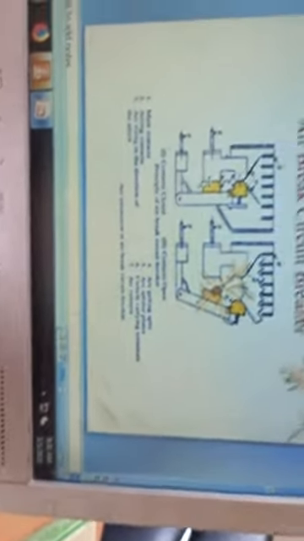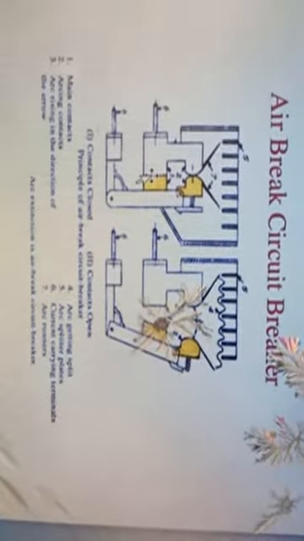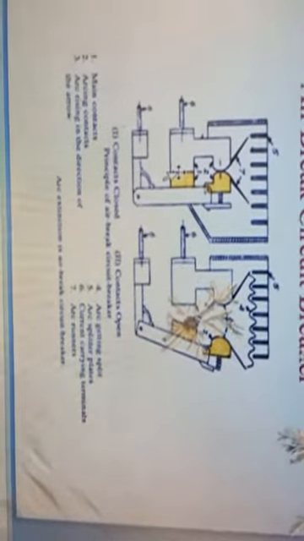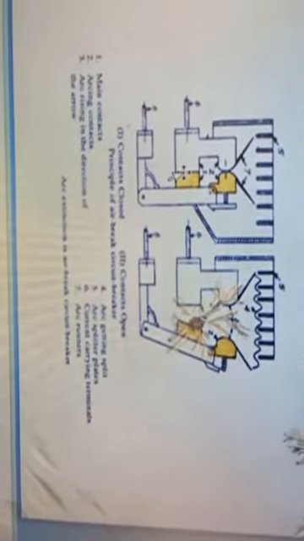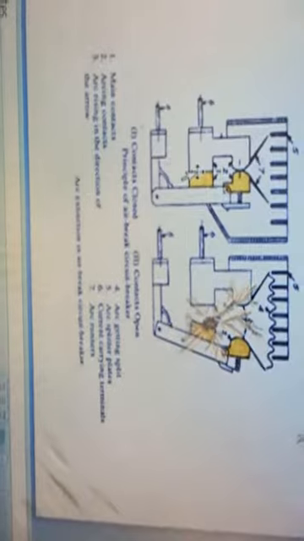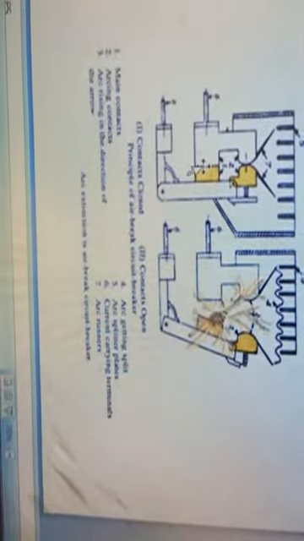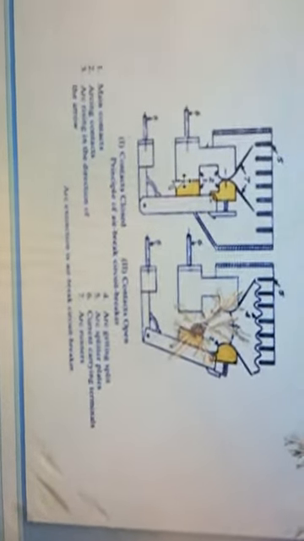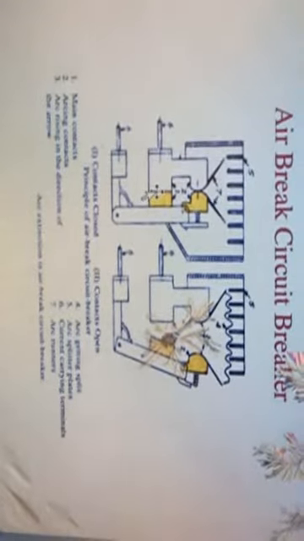By cooling the arc, the diameter of the arc core is reduced. So the arc is extinguished by lengthening the arc, cooling the arc and splitting the arc. These are the arc extinction methods which we have already discussed.